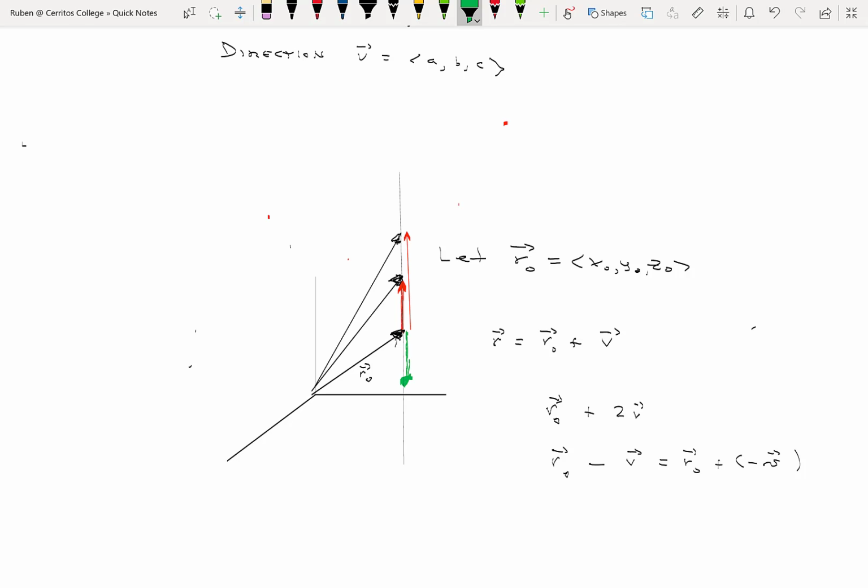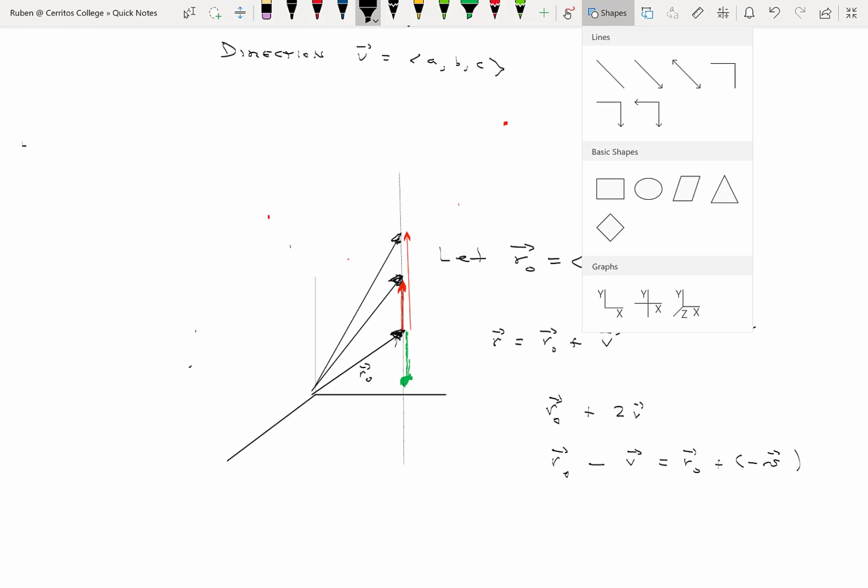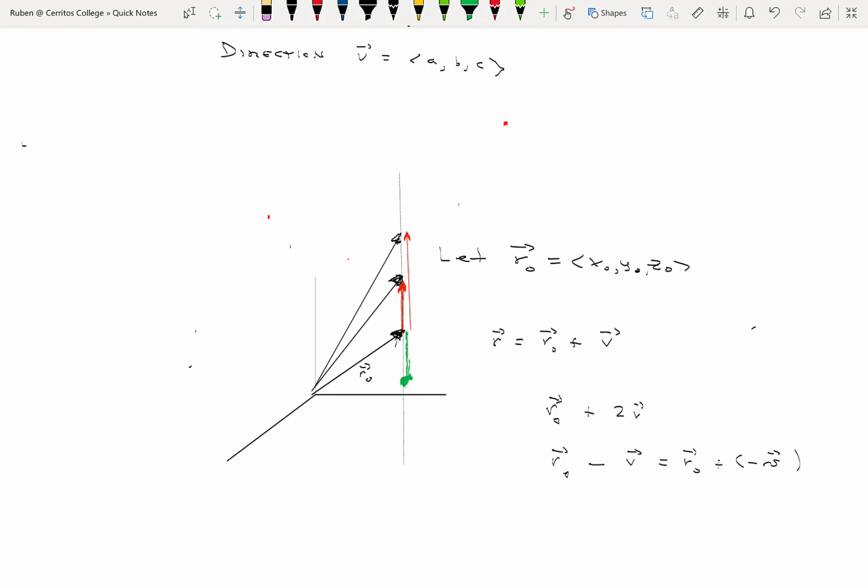Then, that's a terrible looking vector, the vector r naught plus the opposite of v is then the vector from the origin to the tip of the green vector. The tip of that green vector looks terrible. It doesn't look much better. So r naught plus negative v is on the line.